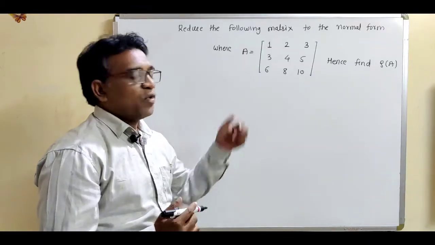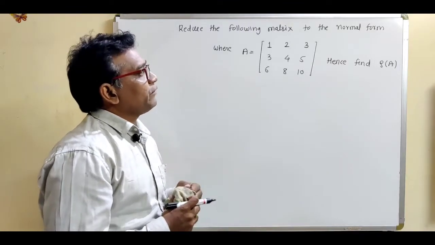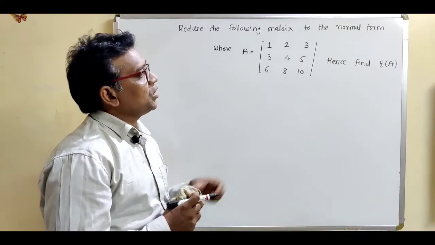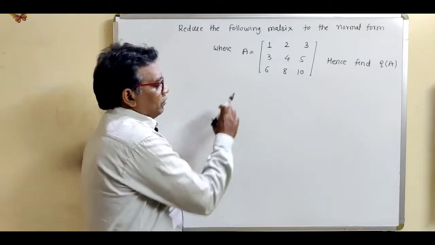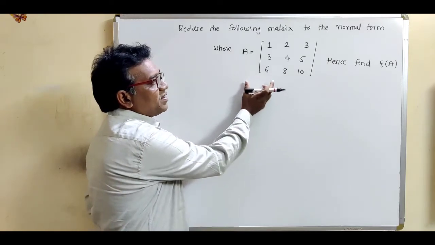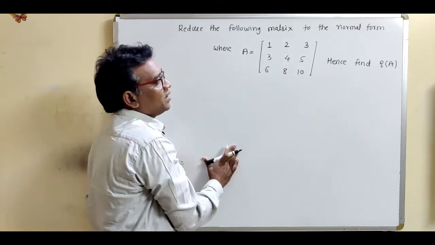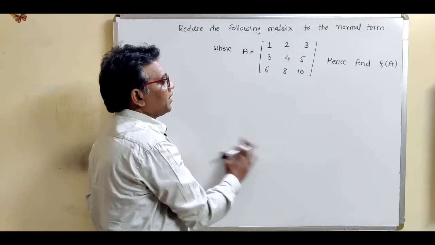So see, what is this example? Reduce the following matrix to the normal form or canonical form, where the given matrix is A, this 3 by 3 matrix: 1 2 3; 3 4 5; 6 8 10.